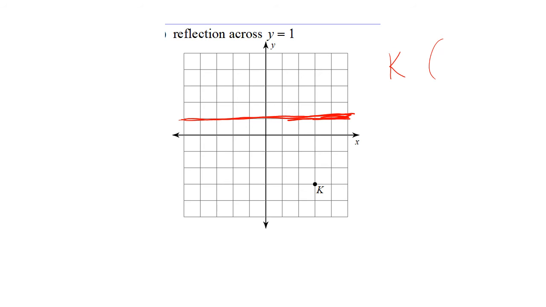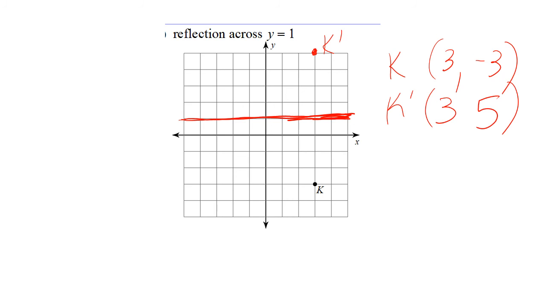K right now is where x is 3, and the y value is -3. We're going to reflect across y equals 1. So let's go ahead and do it. It's 4 below this line, so I need to count up 4 above it. That puts it right here. Okay, and now I want to write out those ordered pairs and show you something. The x is 3, and the y value is now 5.